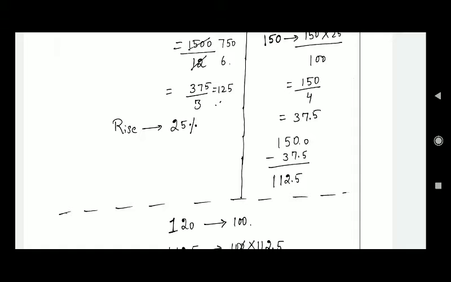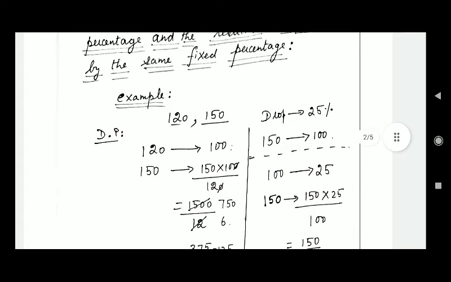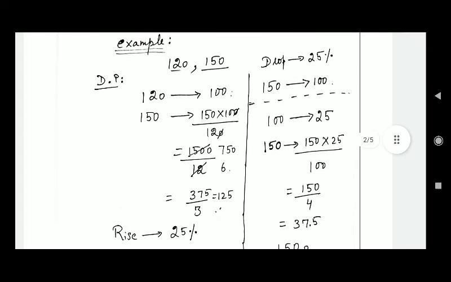This value seems to be slightly lower than our initial value. In fact, it is. So the initial value that we considered was 120. When it got raised by 25%, we attained a value of 150. Again, when we drop by 25% from 150, we are attaining a value 112.5, which is slightly lesser than our initial value 120.